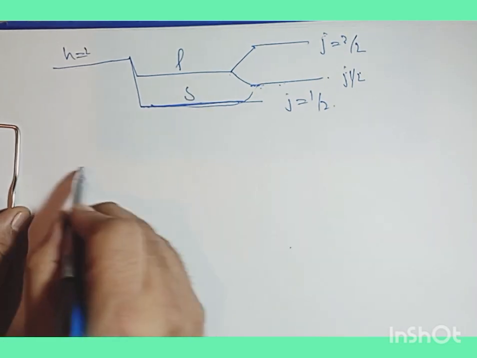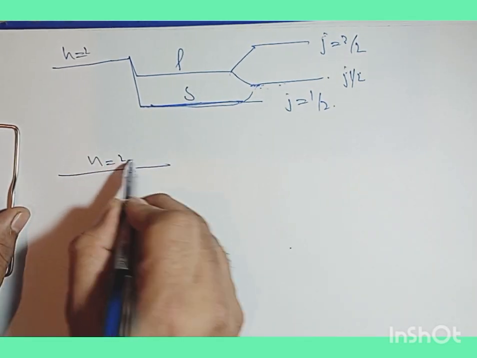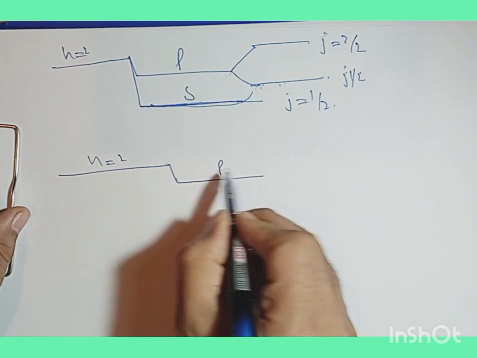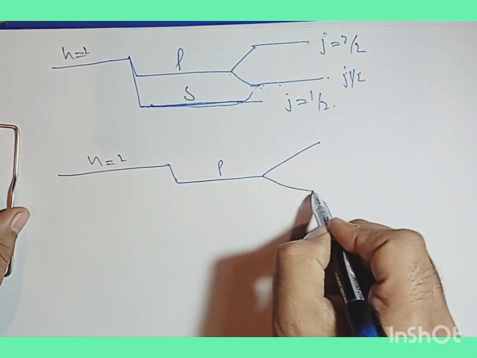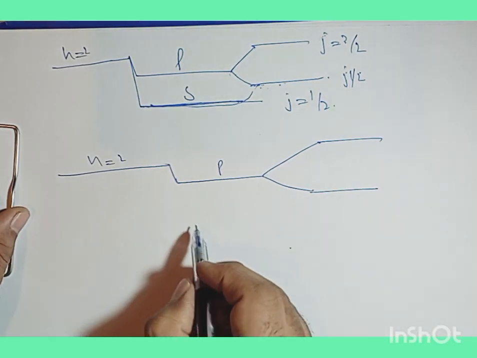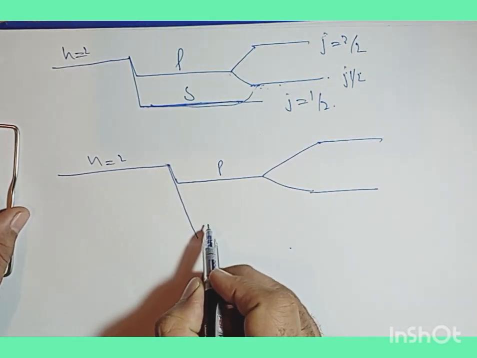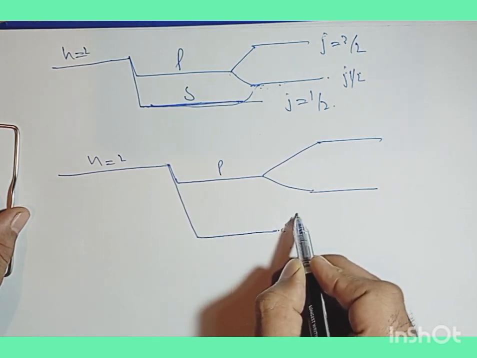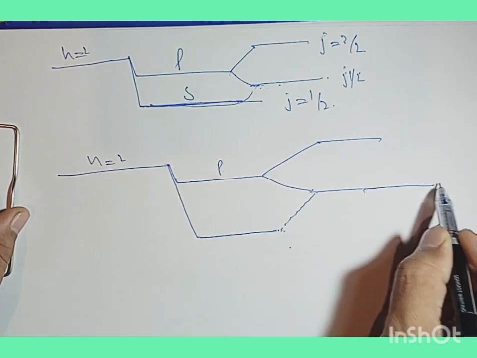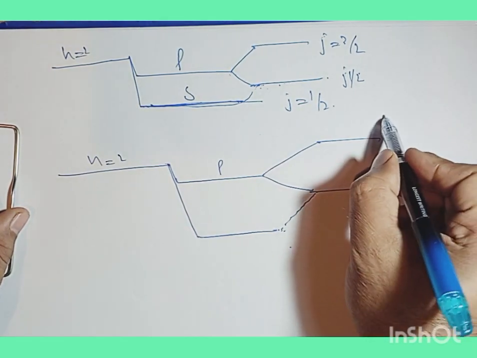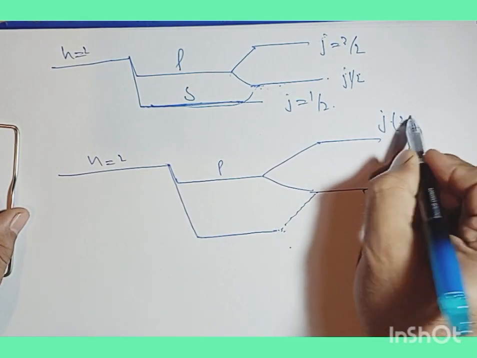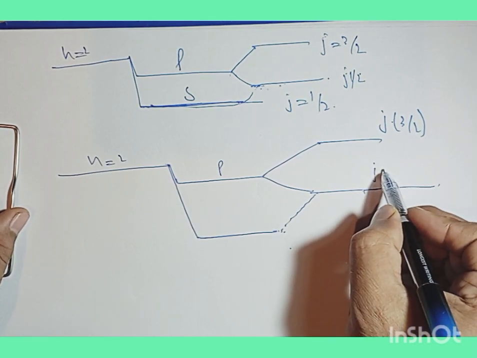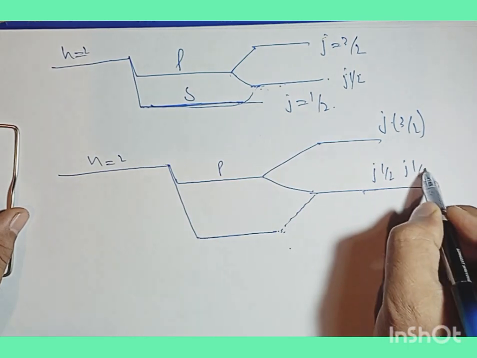So what it would look like, for n equal to 2, for the sake of understanding, is that this is my p state, and it has a doublet, and it has the S state. This S state will not exist here. This S state will be part of this state. So what we will have is J 3/2, and here we will have J 1/2 and J 1/2.